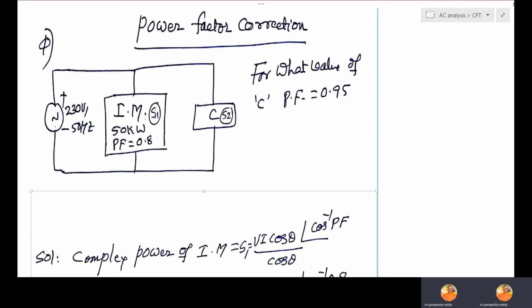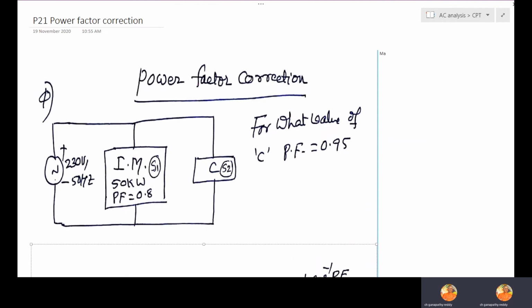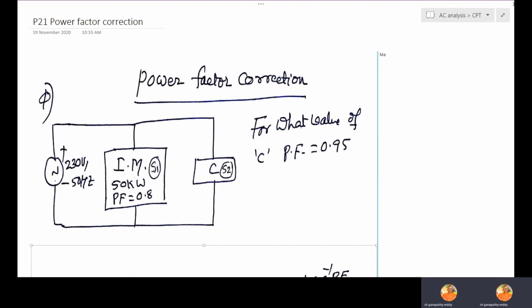Without spoiling its performance, the power factor should be improved. Therefore, the capacitor should be connected parallel, not in series. So that is one point. For what value of this capacitor is the power factor improved to 0.95 from 0.8? That is the question. So it's a power factor correction problem.